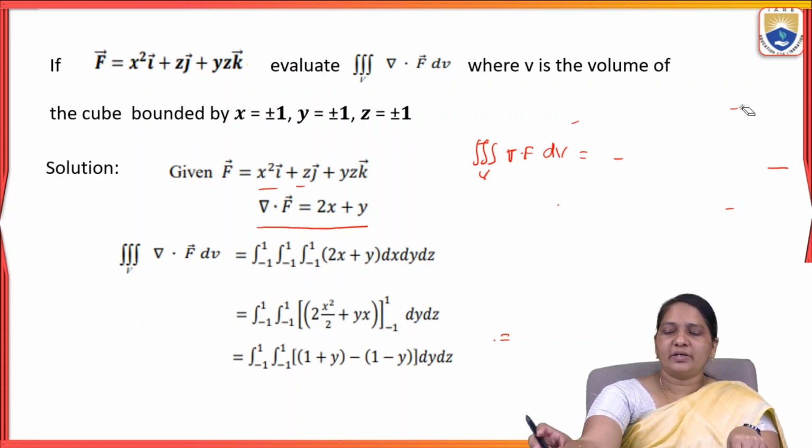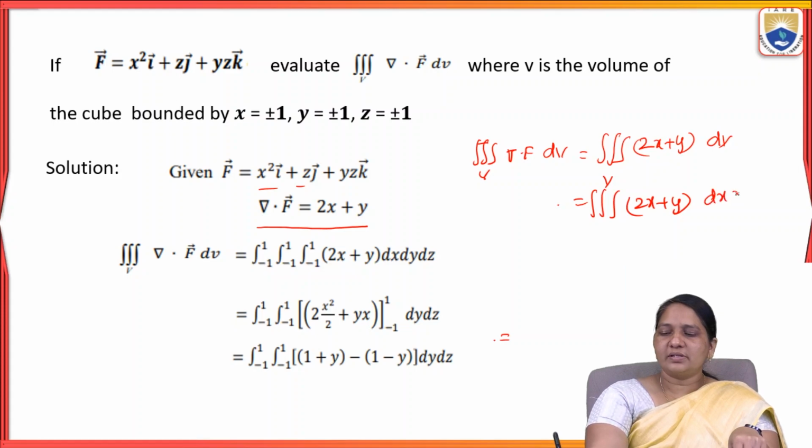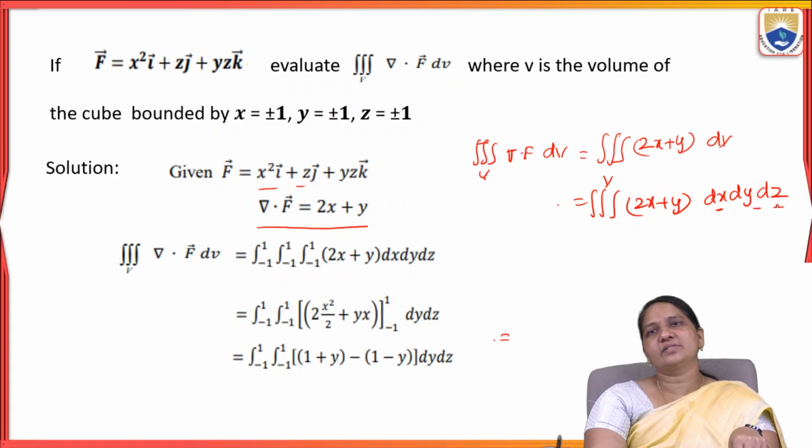so just now I calculated the del dot f value. So the triple integral over V, del dot f value is 2x plus y, and dV. So here dV I can write as (2x plus y) dx dy dz. Now I am going to find the x, y and z limits.